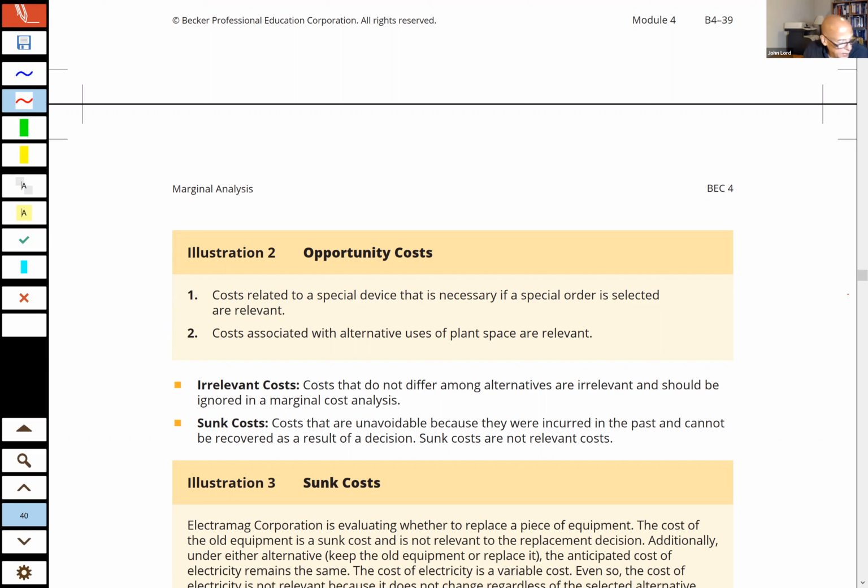The one that I will look at here with you is costs associated with alternative use of plant space are relevant. We'll see in a minute, I'm potentially going to be using some of my plant capacity for another product. Well, I'm going to lose the contribution margin of that new product that I'm taking on, and I would have to calculate that as an opportunity cost.